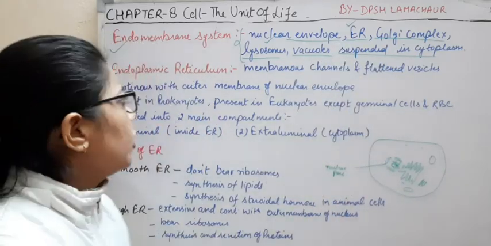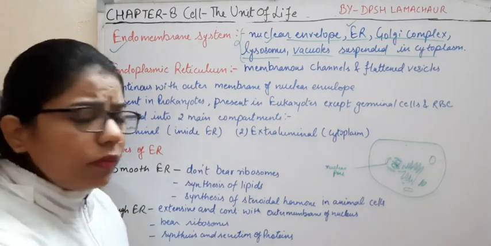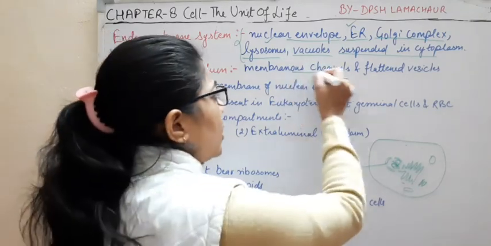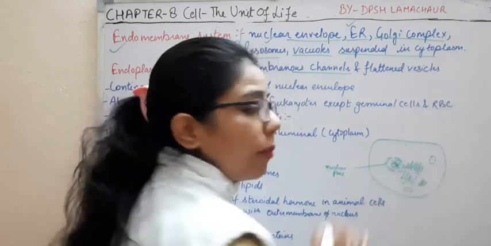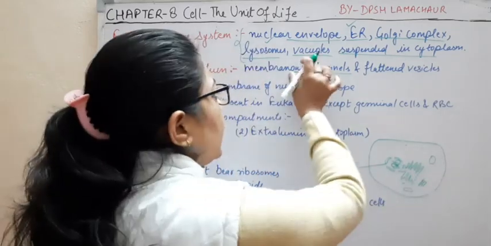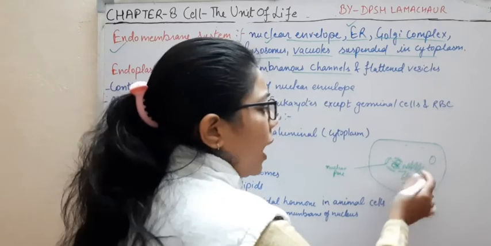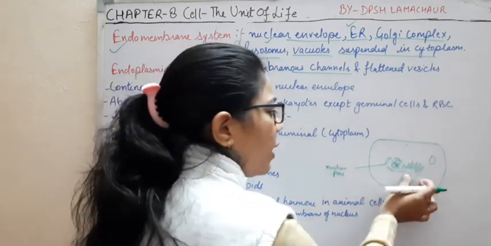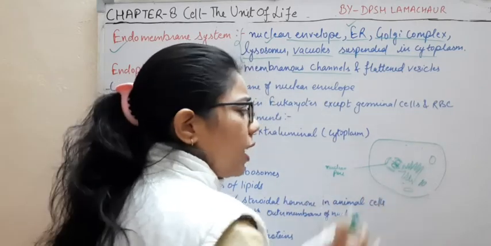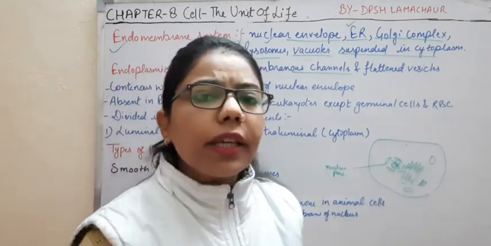So what is this endoplasmic reticulum? As I have said, these are channels, like membranes. So we say these are membranous channels and flattened vesicles. Flattened means you can see flat structures present as the endoplasmic reticulum.